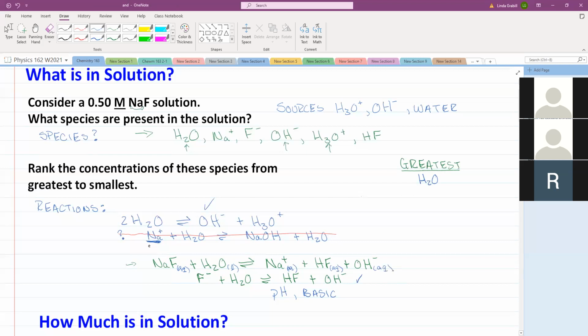Cool. What do we think next? Taking our water out. So we know it's basic. So I'm going to have some concentration of the OH. I said the hydroxide anion, which would be the OH. Okay. What about our sodium ion?